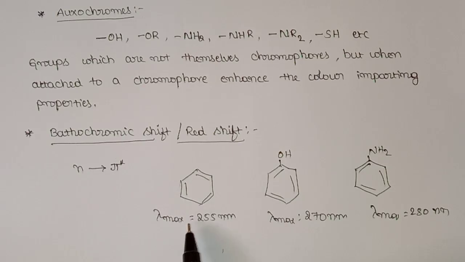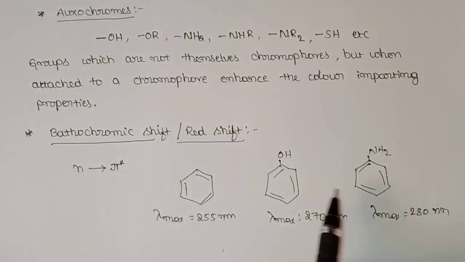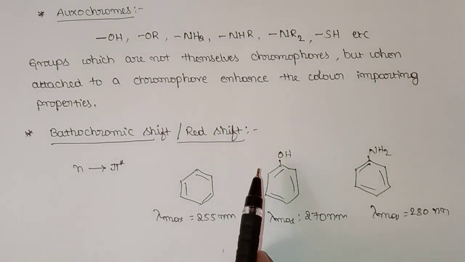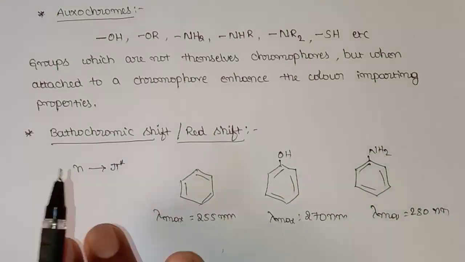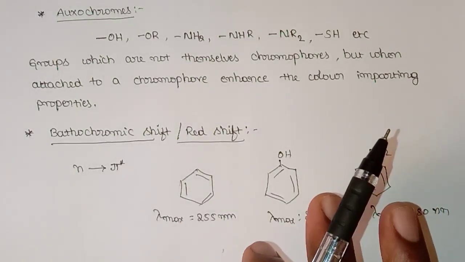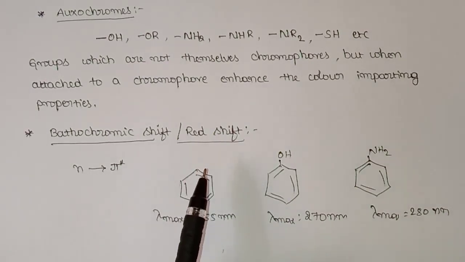Compared to benzene, resonance is higher in phenol and much higher in aniline. Because of this, the lambda max is continuously shifting towards the longer wavelength side, and such a shift towards the longer wavelength side is called bathochromic shift or red shift.